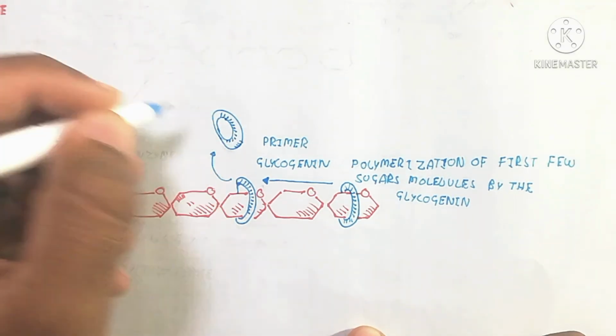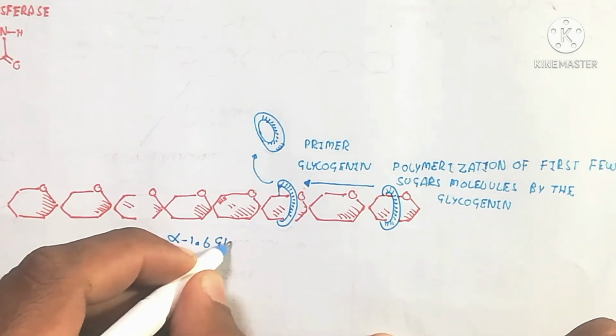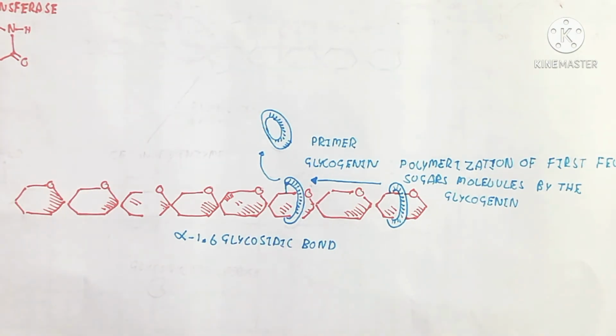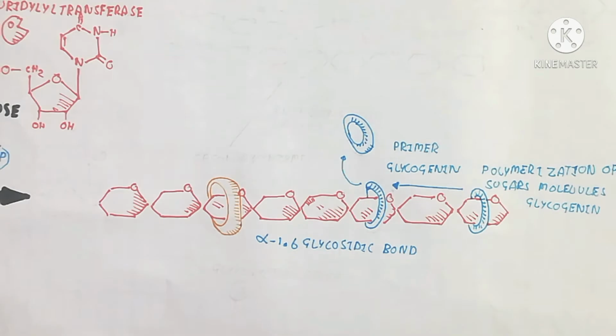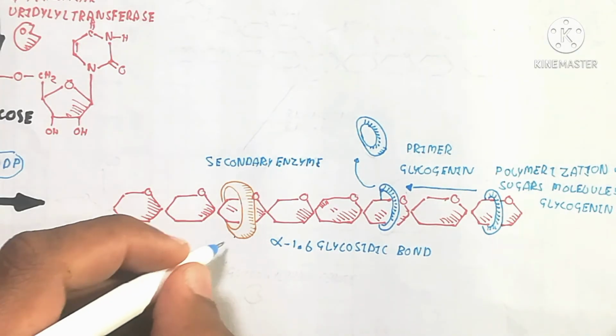After that, a secondary enzyme will be used. The secondary enzyme is known as glycoside transferase enzyme. Transferase means the transfer of the sugar.